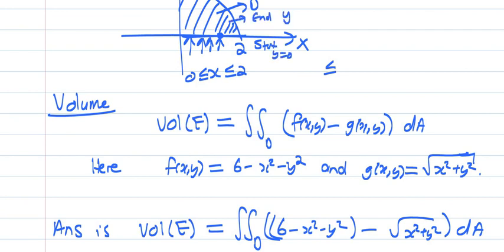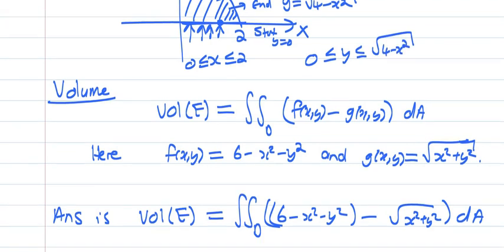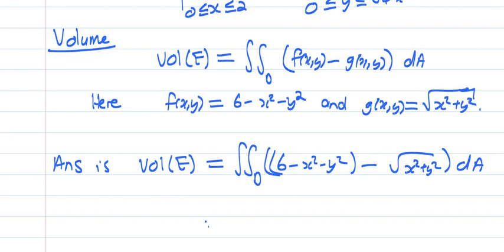If you rearrange the equation of the circle, that is when y is equal to the square root of 4 minus x squared. So y starts at 0 and ends when it hits the circle, at the square root of 4 minus x squared. So in the iterated integral, the x value starts at 0 and ends at 2. The y value starts at 0 and ends at the square root of 4 minus x squared.